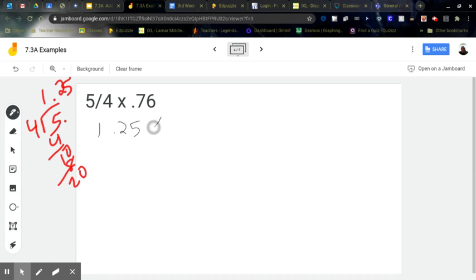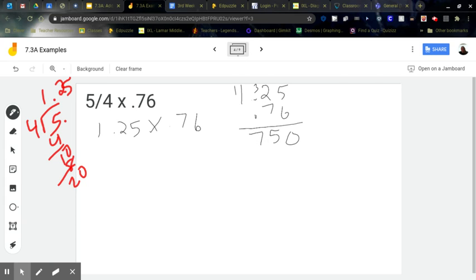1.25 times 0.76. Okay, we're going to write that out. 5 times 6 is 30. We carry the 3. 6 times 2 is 12, plus 3 is 15. 6 times 1 is 6, plus 1 is 7.